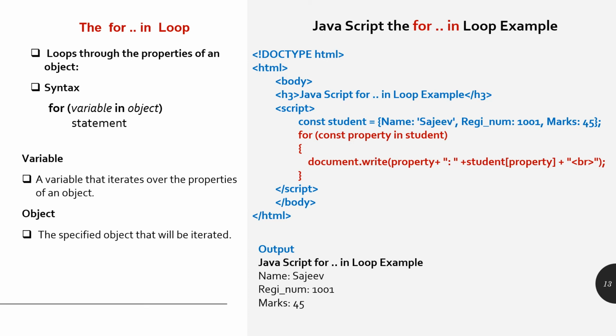That is just for understanding this. Property in variable means name in variable. So that will be printed. Next, register number in student, that will be printed. Marks in student, that will be printed. So a similar output we will get. This is about the for-in loop, which is actually to iterate through the properties of an object.